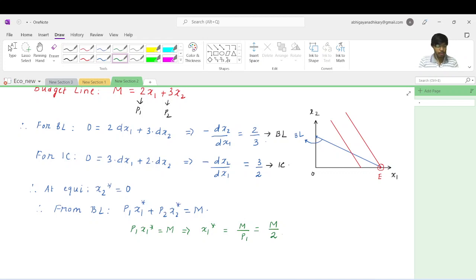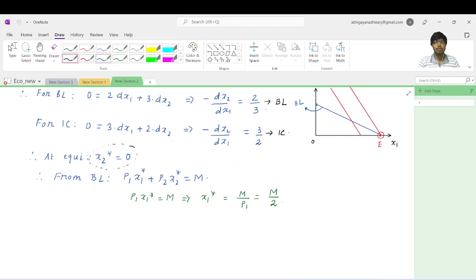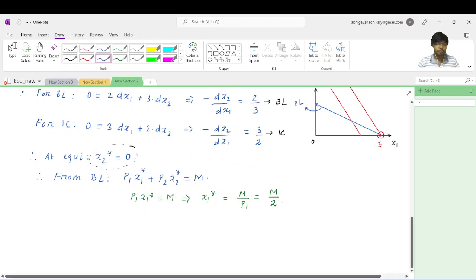Now along with that, we are also told to find the optimal Lagrange multiplier. For that, we can simply get back to the Lagrangian, and we already know this information. We already have got this intuitively, that x2 will be 0, so we can simply substitute it. It's not a big issue. So my simplified Lagrange becomes 3x1 plus lambda times (m minus 2x1).